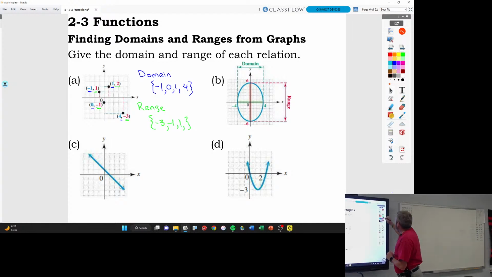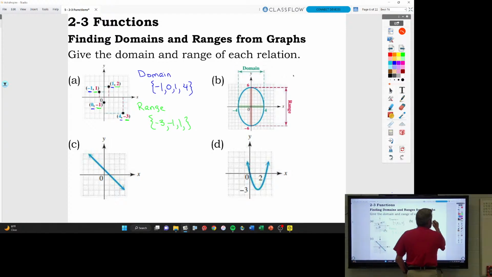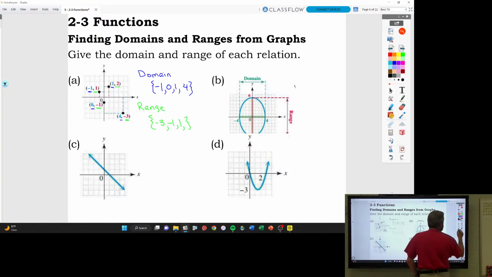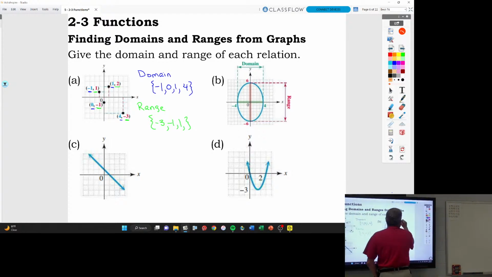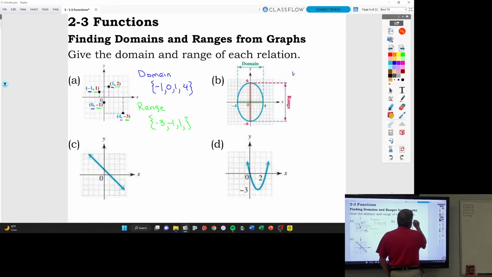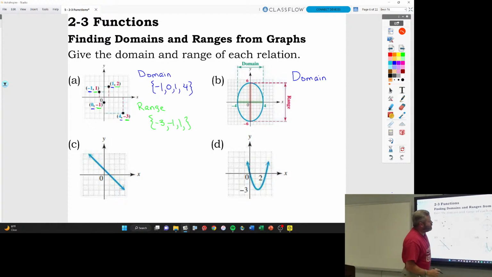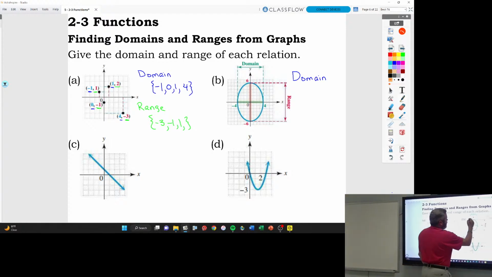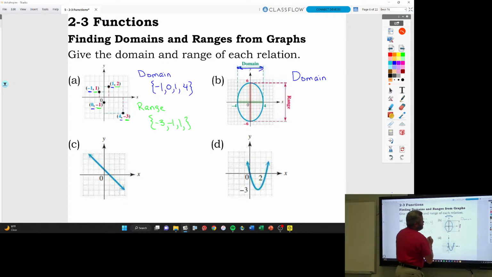Okay? So let's start with the domain. Sorry about that, I needed to go back to my pen. This graph kind of has it written out for you. The domain is everything between that vertical line and that vertical line.